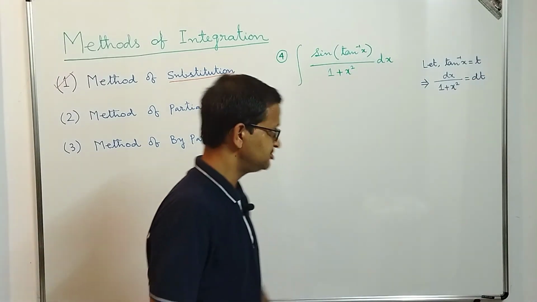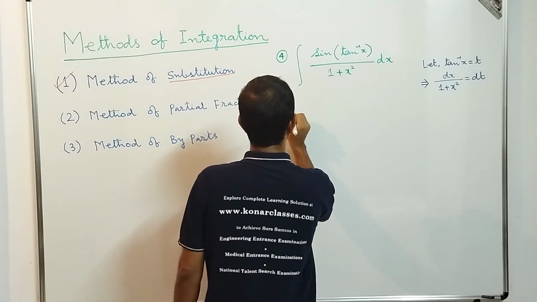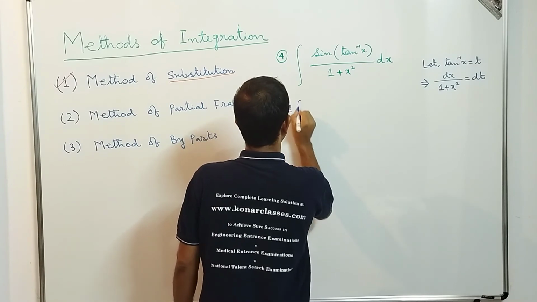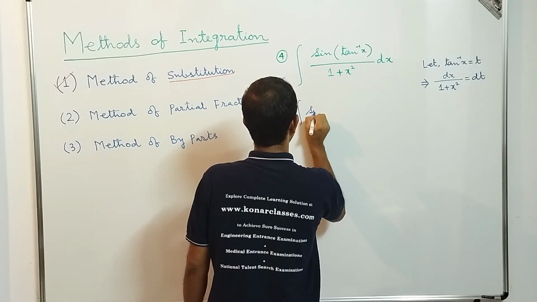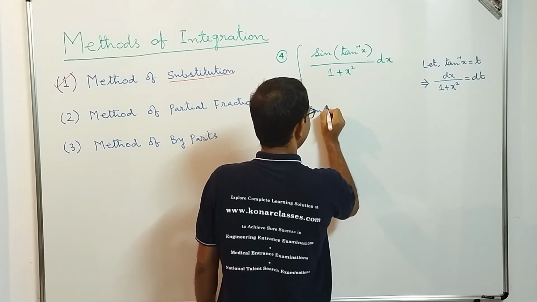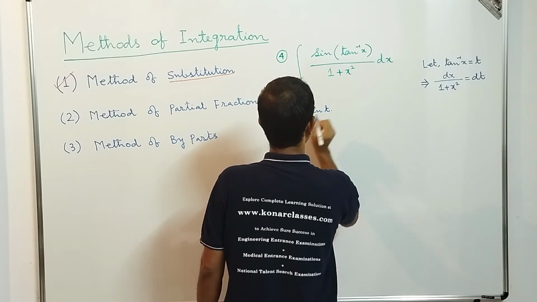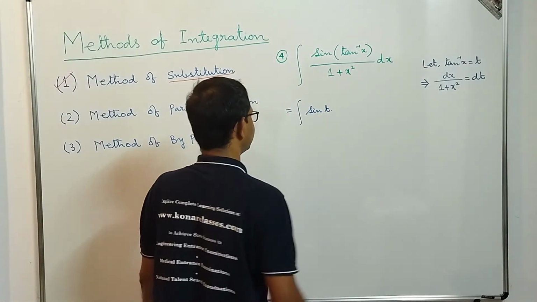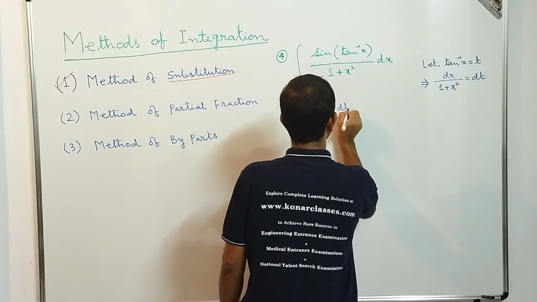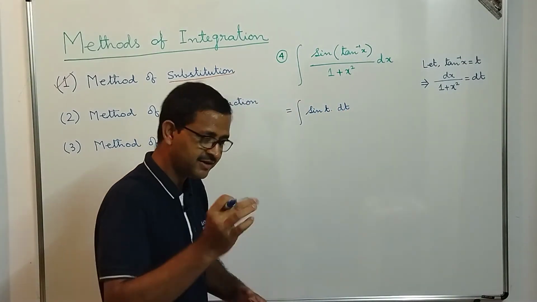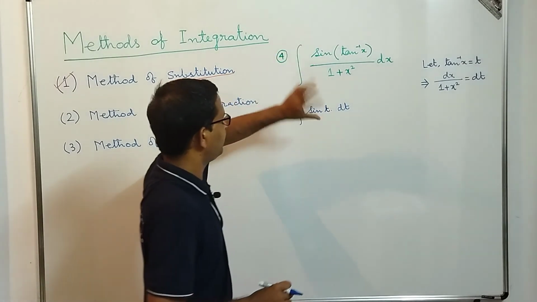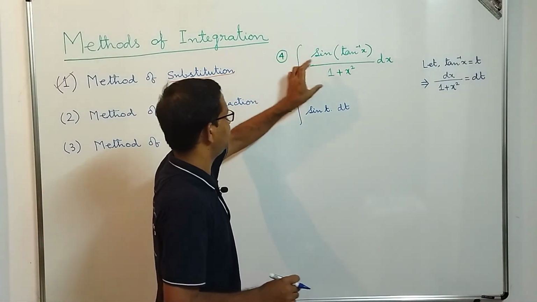Correct or not? So now dear students, if we write it properly, sine of tan inverse x into dx by 1 plus x square. I hope you got it. I am not writing very elaborately; I wrote it for the first two sums, so you got an idea.